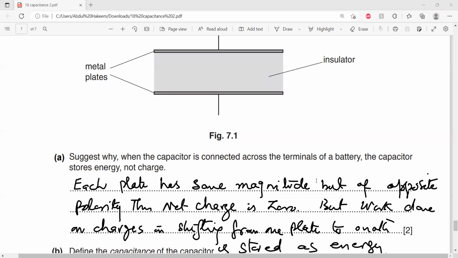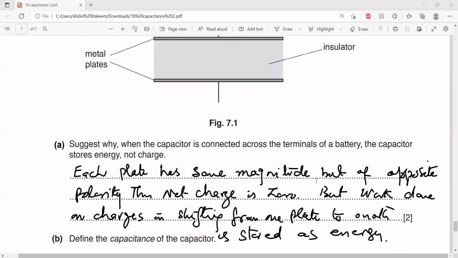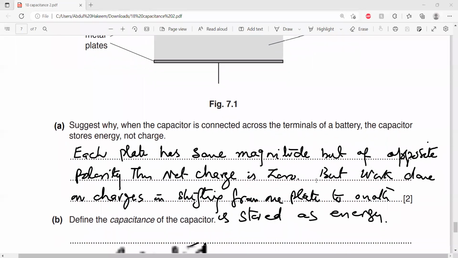So one plate is positively charged, the other negative. So the net charge becomes 0. But during the charging of the capacitor, work is done on the charges to move them from one plate to another, and that work is stored between the 2 plates in the insulator as energy. So this is the reason energy is stored, charge is not stored.